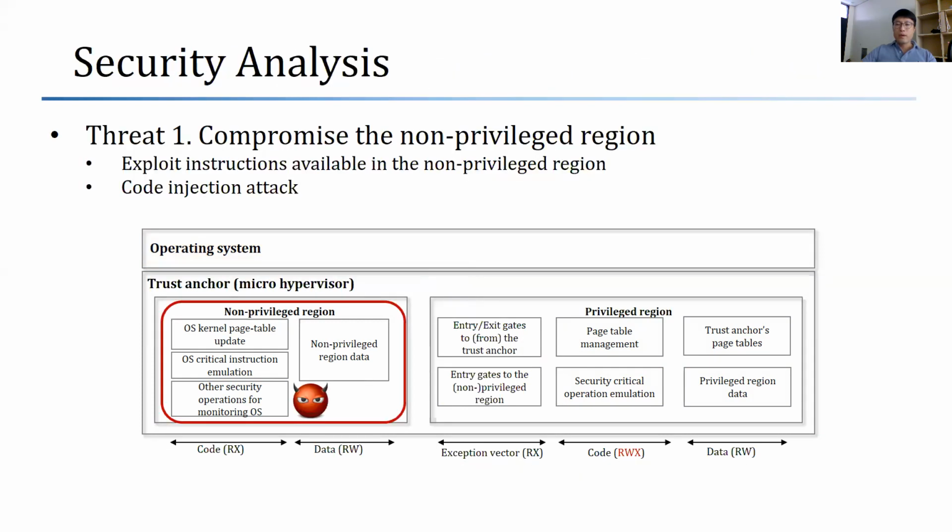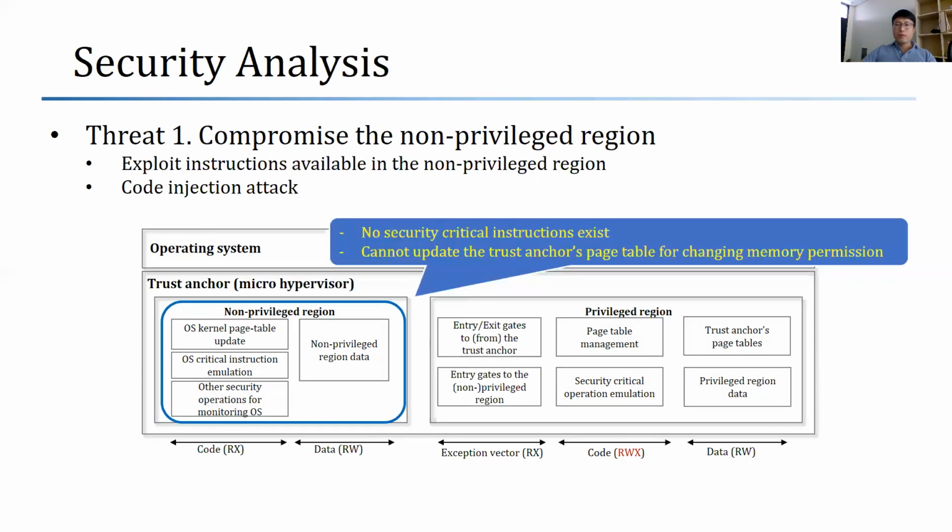Although SelMon effectively isolates the privileged region, there still exist several attack surfaces that can be abused by attackers to bypass SelMon. First, as the non-privileged region is untrusted, the attacker can attempt to inject malicious code or reuse the available instructions in the non-privileged region.